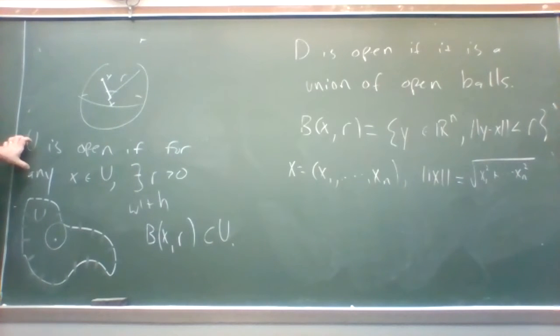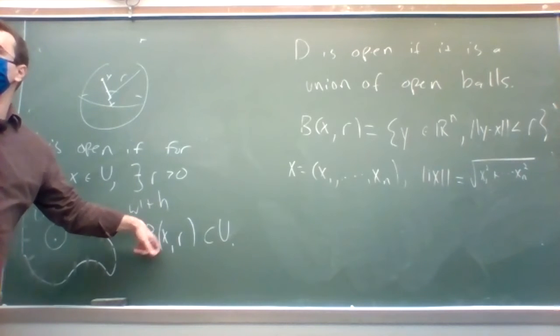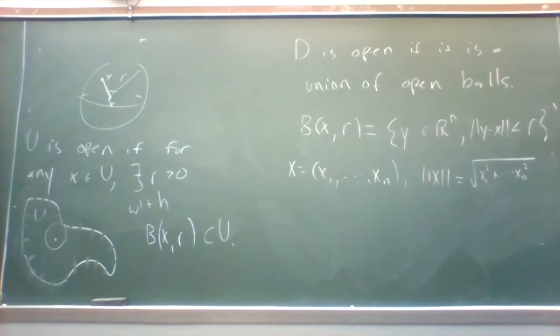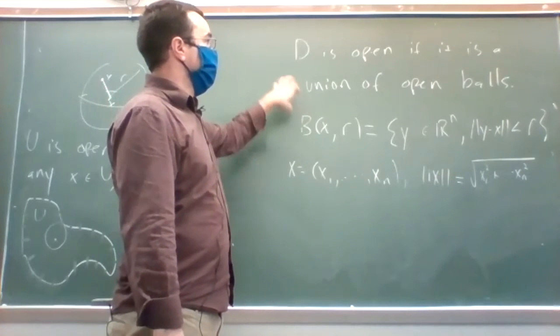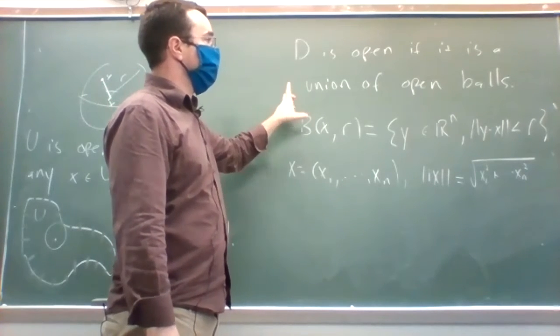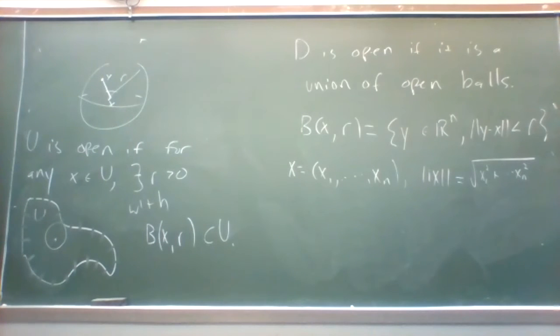This is completely equivalent to the other definition because you just take the union of all the balls of this form, and that will be equal to U. On the other hand, I won't show it, but if you take a set that is equal to a union of open balls, then this will always be possible to do.